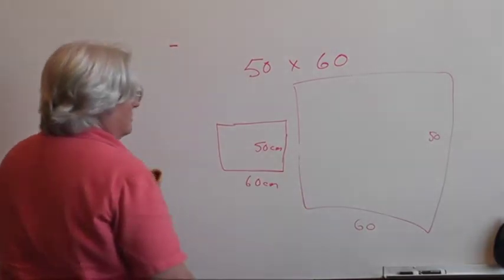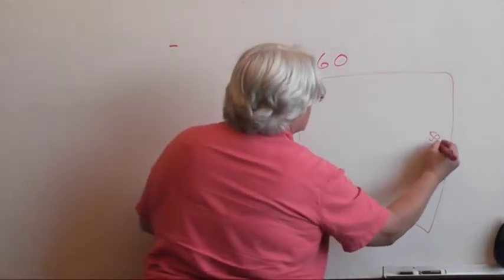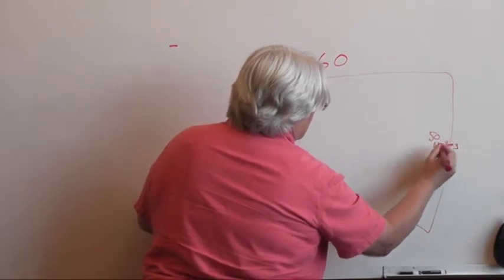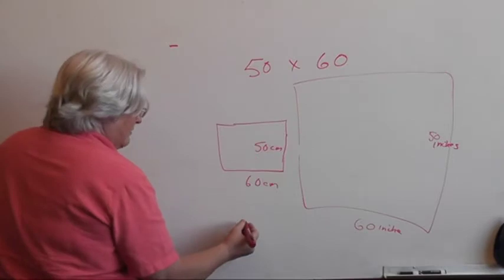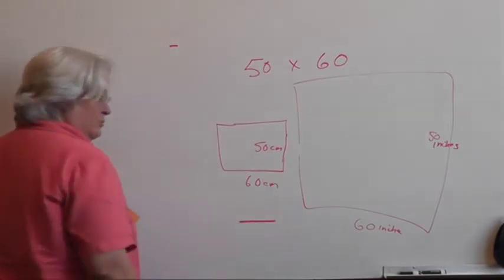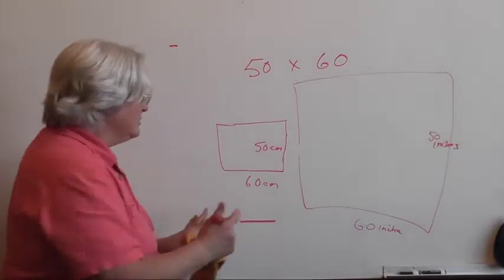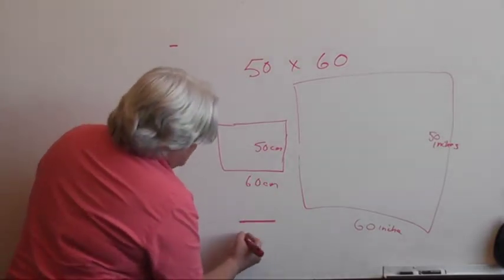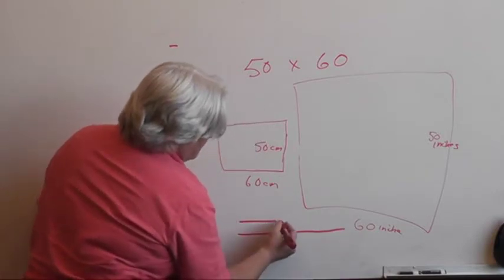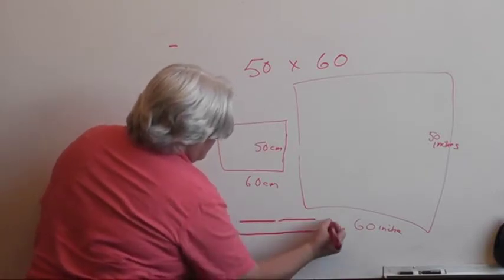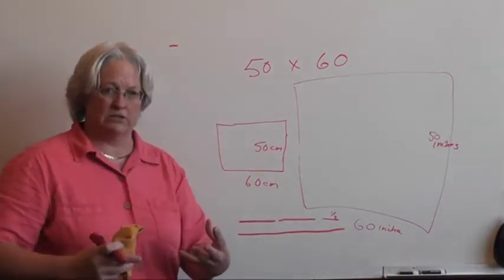And this one could have been inches, 50 inches by 60 inches. Because if you have, let's say that this is the equivalent of 1 centimeter to scale, it takes 2.5 centimeters to equal an inch. So here's your inch, so you have 1 centimeter, another centimeter, and 1/2 centimeter. So the scale is different.